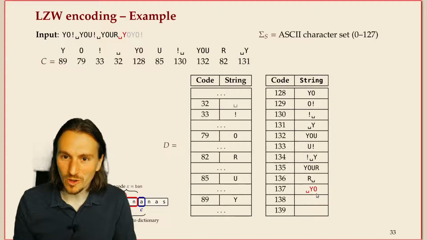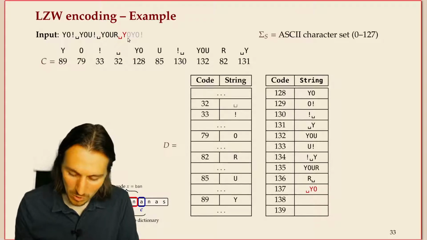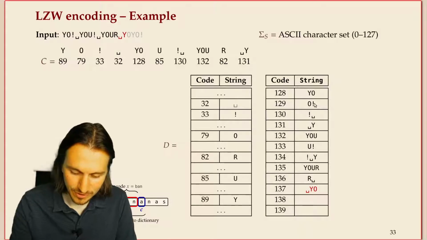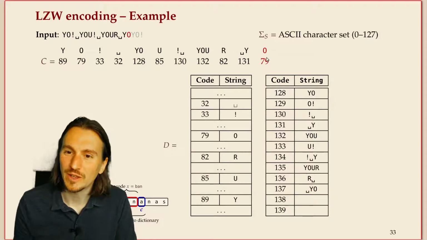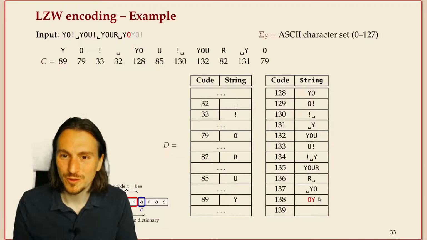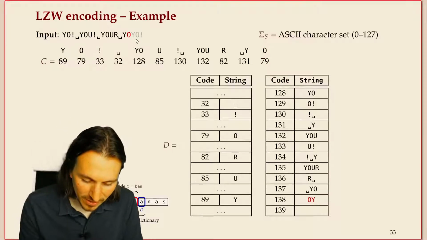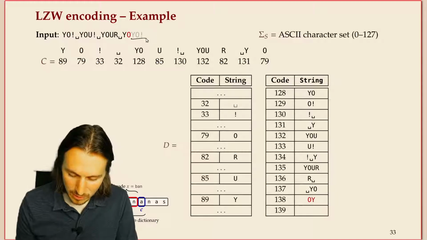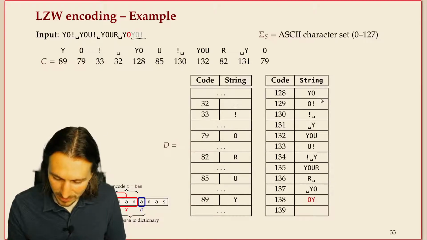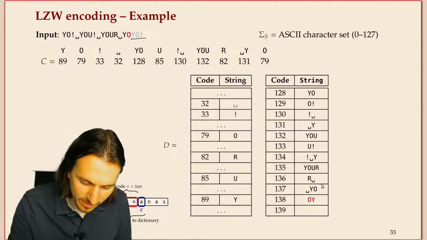And then we're almost done. O, we have only seen O exclamation mark so far, so we are back to a single character, but we would add the OY for future use. And then here the YO we've seen, but not followed by an exclamation mark.